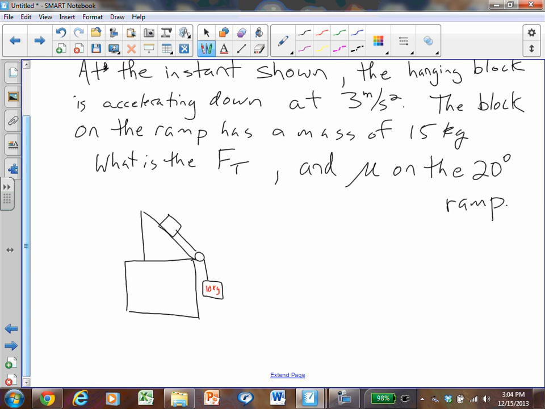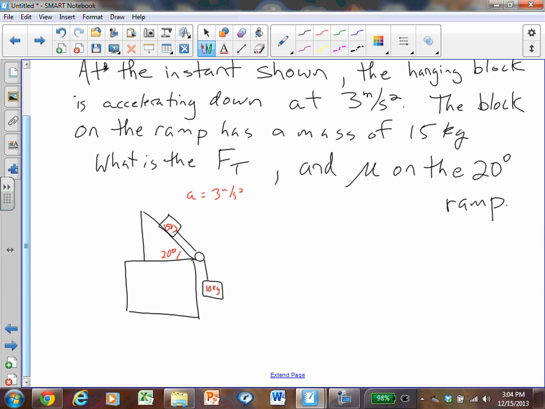The ramp's at 20 degrees. The block on the ramp is 15 kilograms. A is 3 meters per second squared. And I think that's what we're given for that. And we want to come up with mu and the tension.